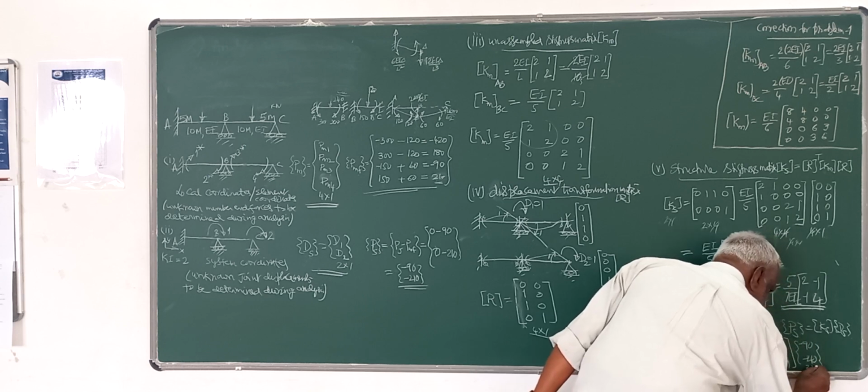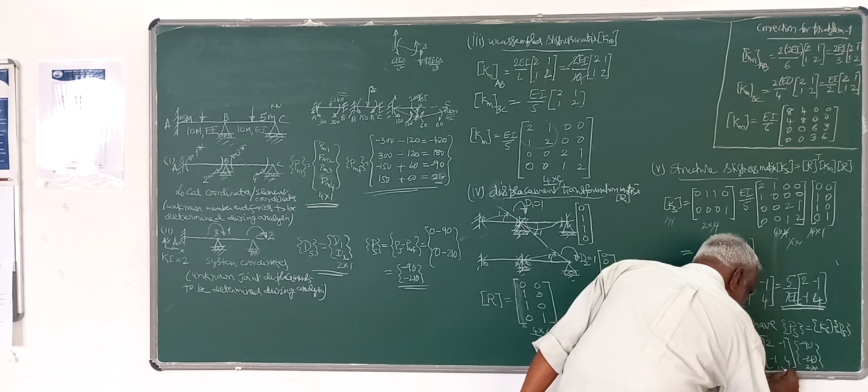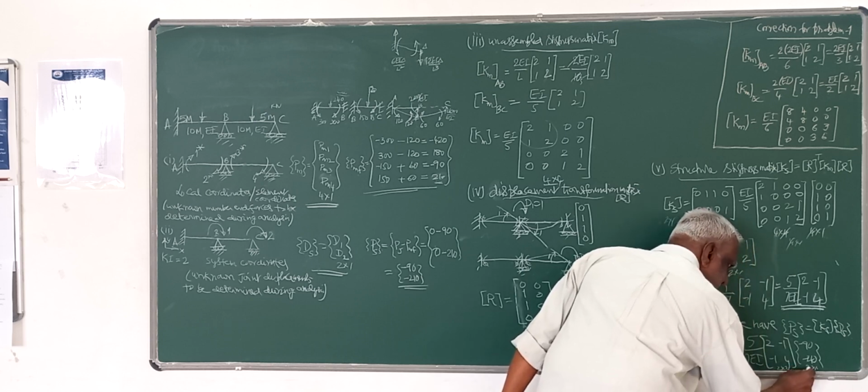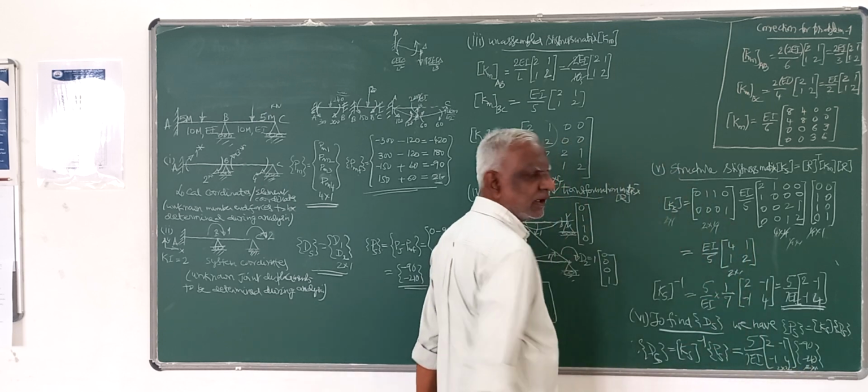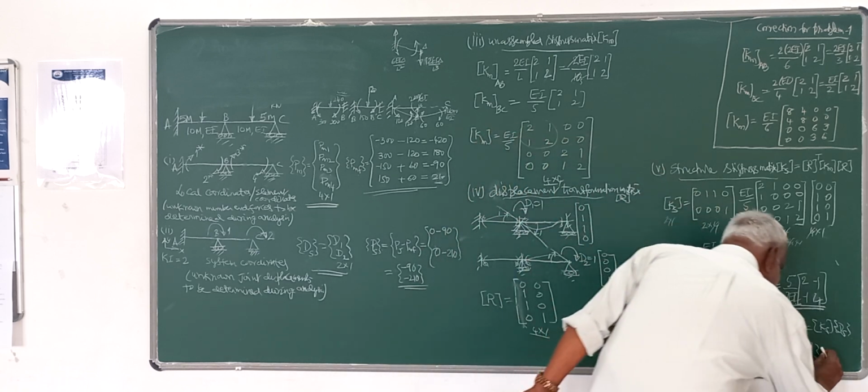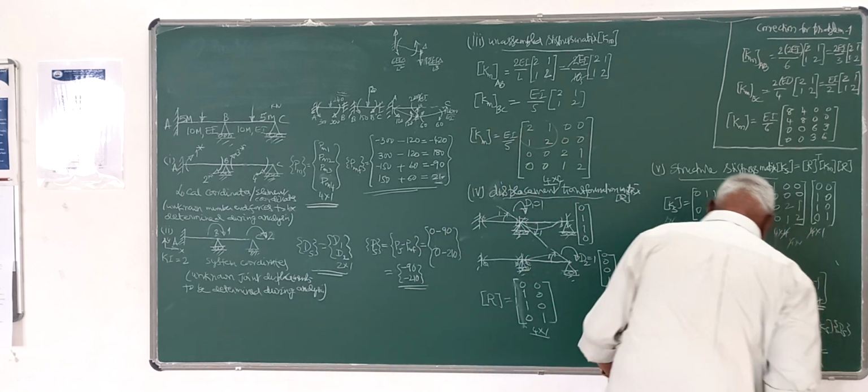So this is a 2 by 1 matrix, this is a 2 by 2 matrix. Here column is equal to row, resulting in a 2 by 1 matrix, and that is the displacement.